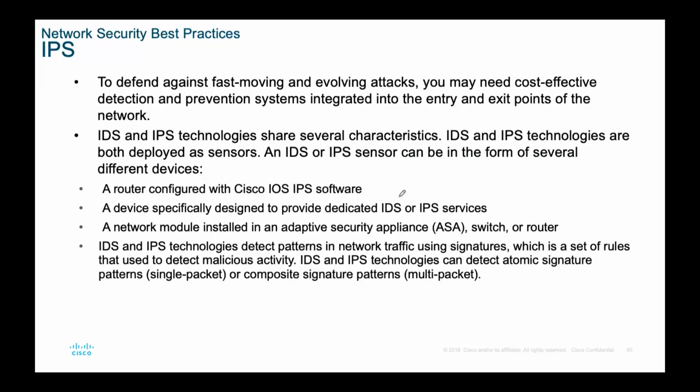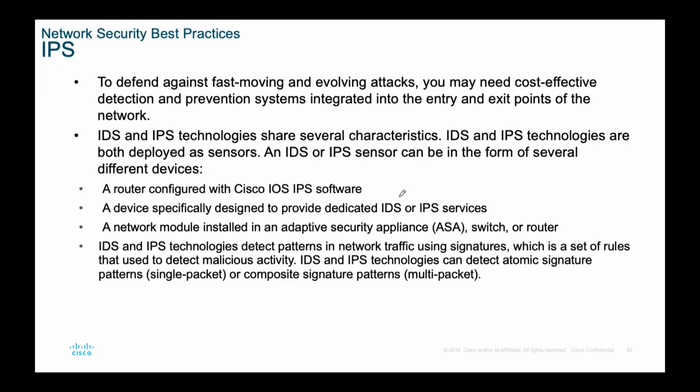IDS and IPS technologies detect patterns in network traffic using signatures, which are sets of rules used to detect malicious activity. They can detect atomic signature patterns, or single packet, or composite signature patterns, or multi-packet.